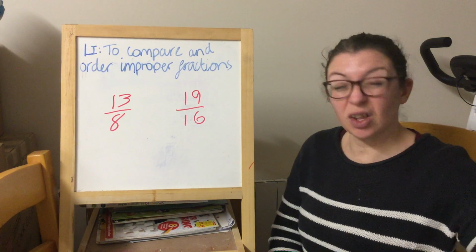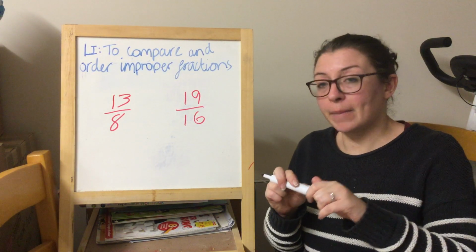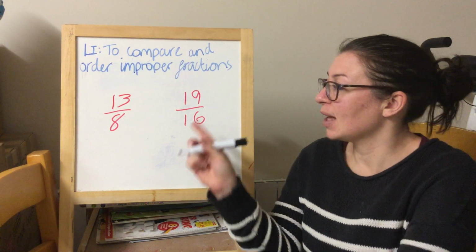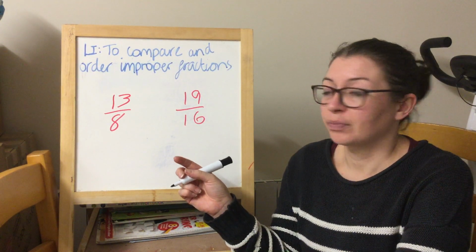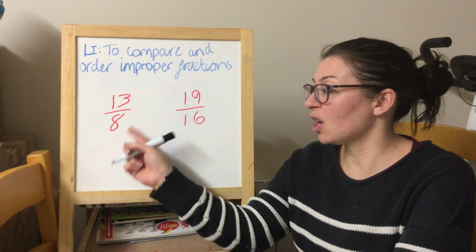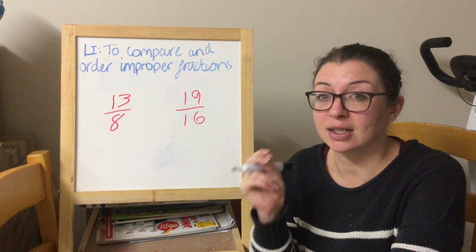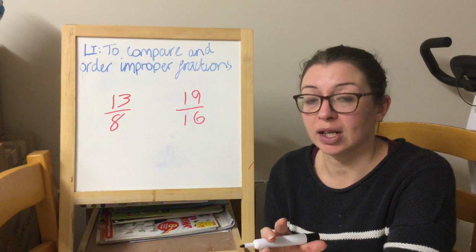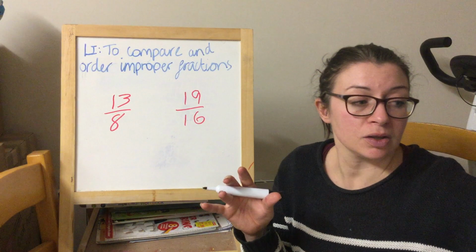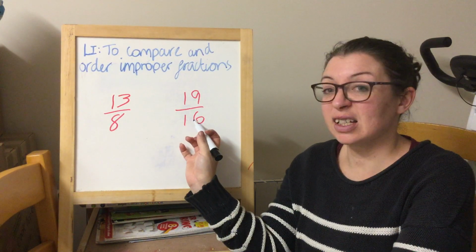But I am going to show you the other way of comparing, and that is by making both numbers have the same denominator. Most of the ones that you'll have will easily be able to just be timesed by 2 to give this the same denominator, because then it's really clear to see without having to draw anything. Okay, so we're going to make our 8 a 16.